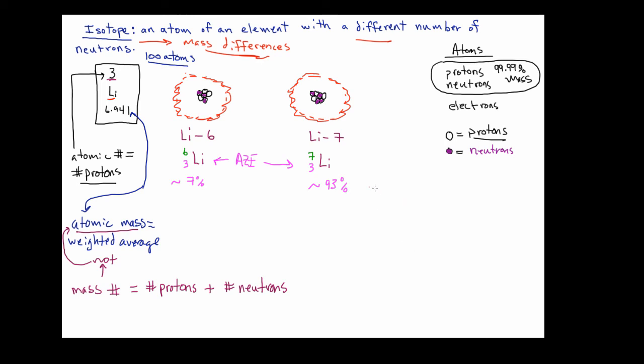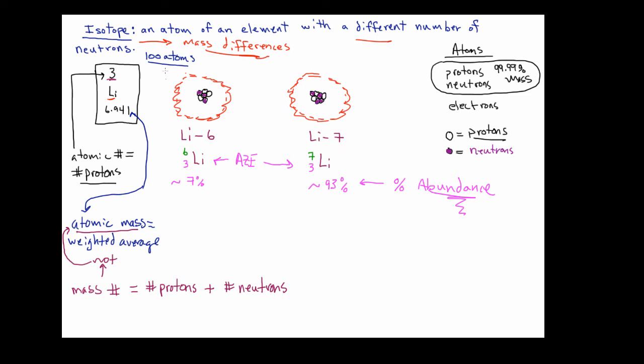Now, these percentages represent what we call percent abundance. This is the percent that you're going to find the two isotopes when you look at a random sample of the material found in nature. So about 93% of these atoms are going to be lithium-7.